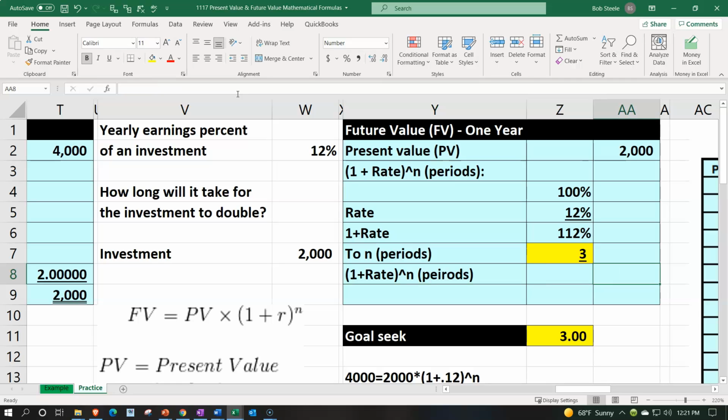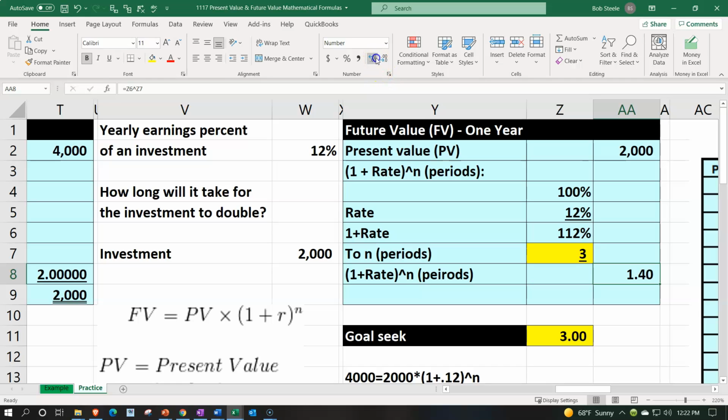This is going to be in the outer column, so I'm taking the 112% to the 3 periods, to the power of 3, cubed, as they say. So this is going to be equal to the 112%, shift 6, caret, to the power of 3, and then enter.